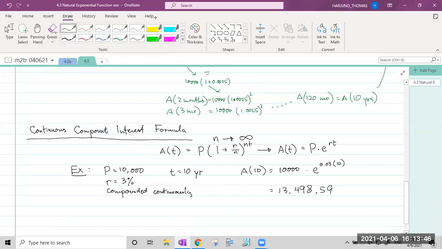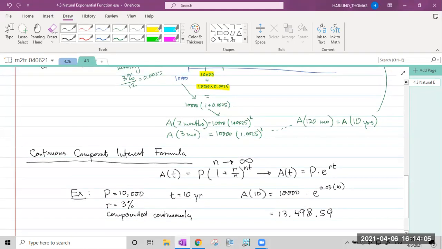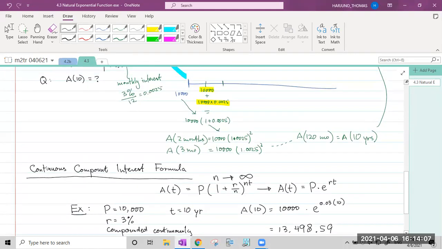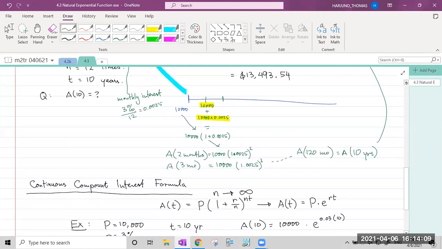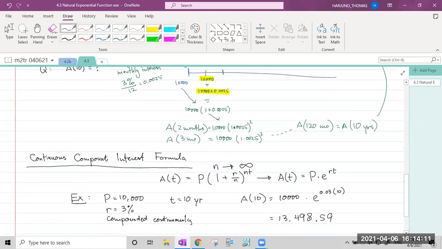Okay, once the interest rate is 3%, even if you compound it continuously, like every second, every 1/10 of a second you take the interest, at the end of that 10 years, the money you have, compared to compounded monthly, is only $5 more.